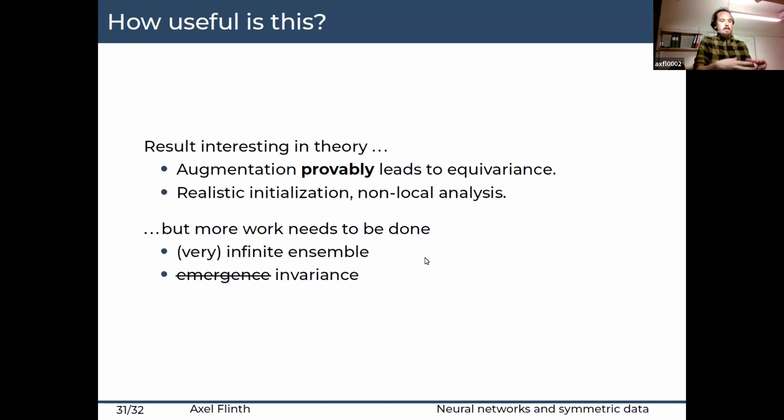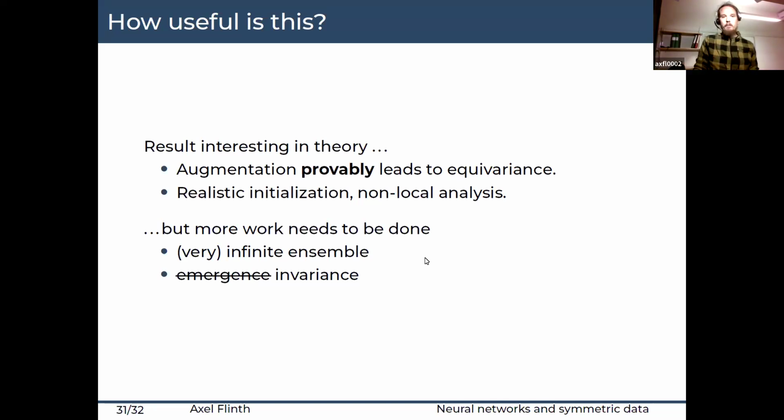We assume that we start our network initialized in an invariant distribution, and then it stays invariant. One would rather want a situation where the equivariance emerges, so that we converge towards the set of invariant weights and invariant ensembles after some time. But this is work in progress.